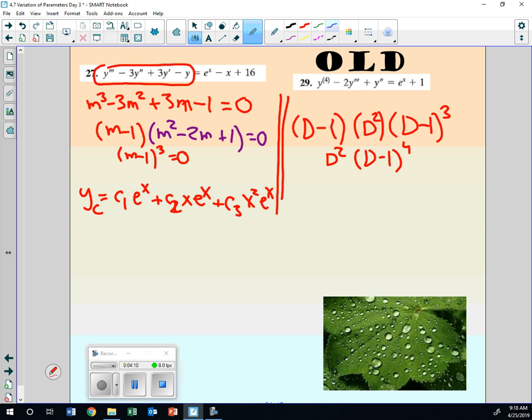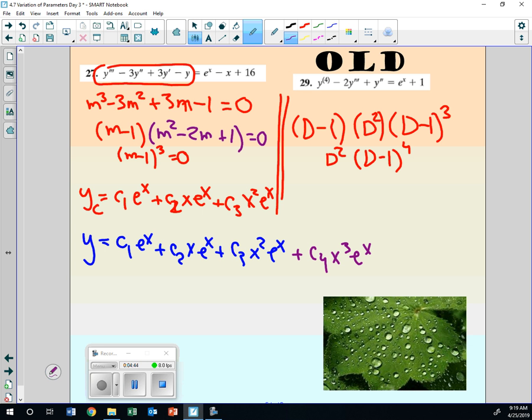Okay, so what we're going to add to this, they did it this way. I'm not sure I'm a fan, but they took the yc plus the yp together. They did c1 e to the x plus c2 x e to the x plus c3 x squared e to the x. And then with this one, since it's to the 4th, you're going to have a c4 x cubed e to the x.